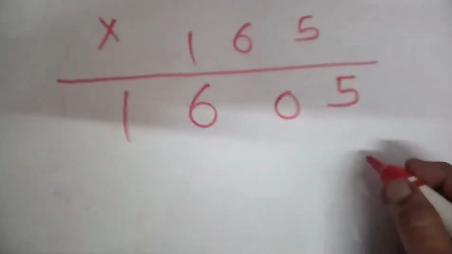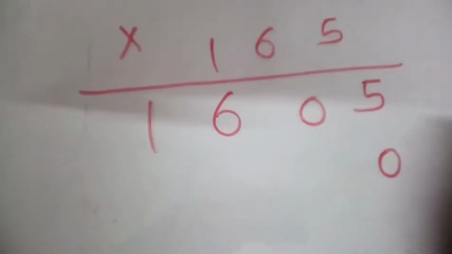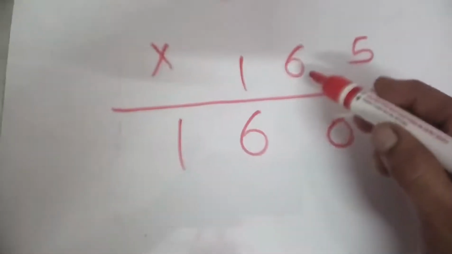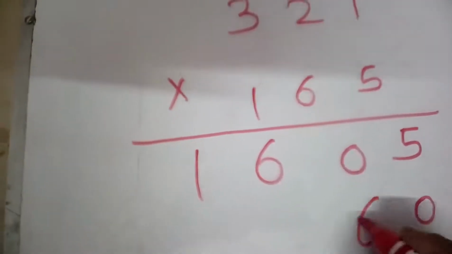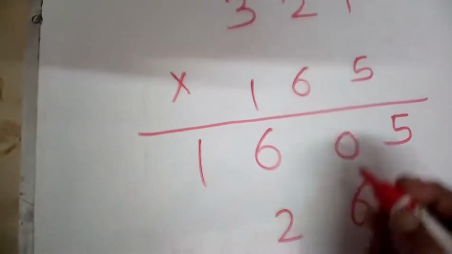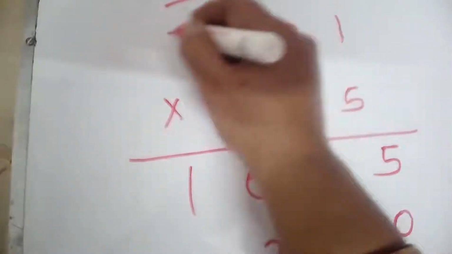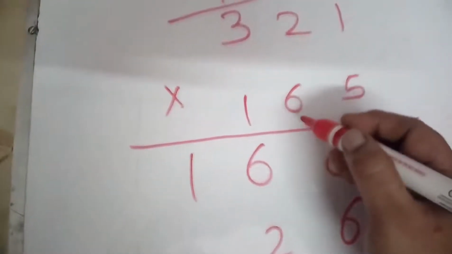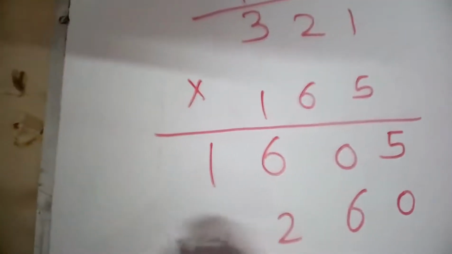I will give 0 here at 1's place. Then multiply with 6. 6 ones are 6, 6 twos are 12, carry 1, then 6 threes are 18 and this one, 19.